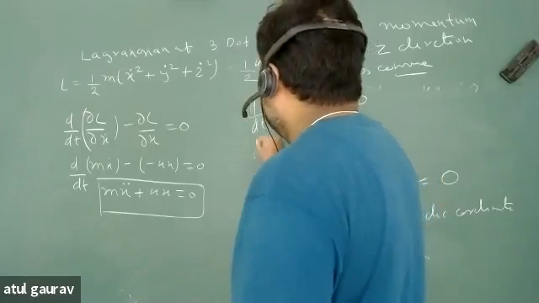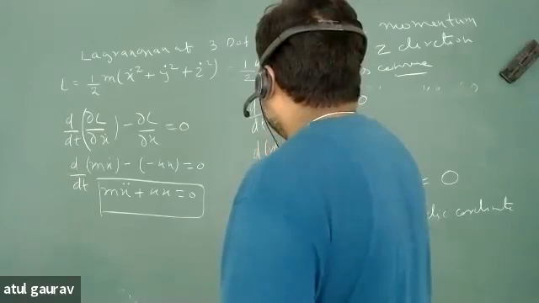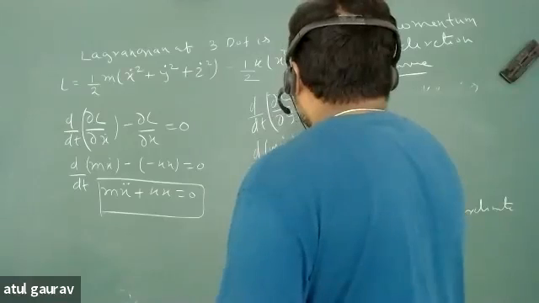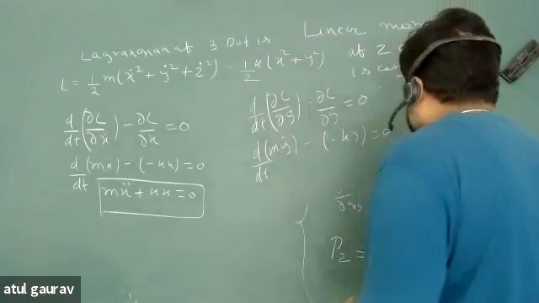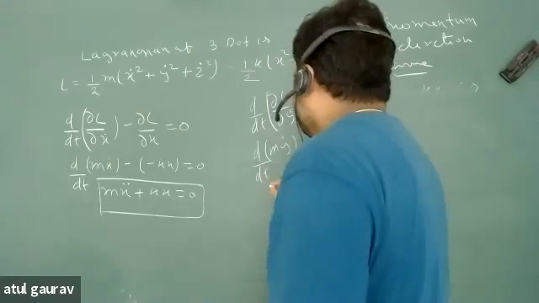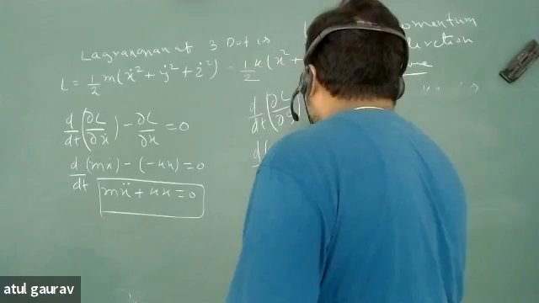And again you have d upon dt m y dot minus ky is equal to 0. What is the meaning of that? You have basically m y double dot plus ky is equal to 0.